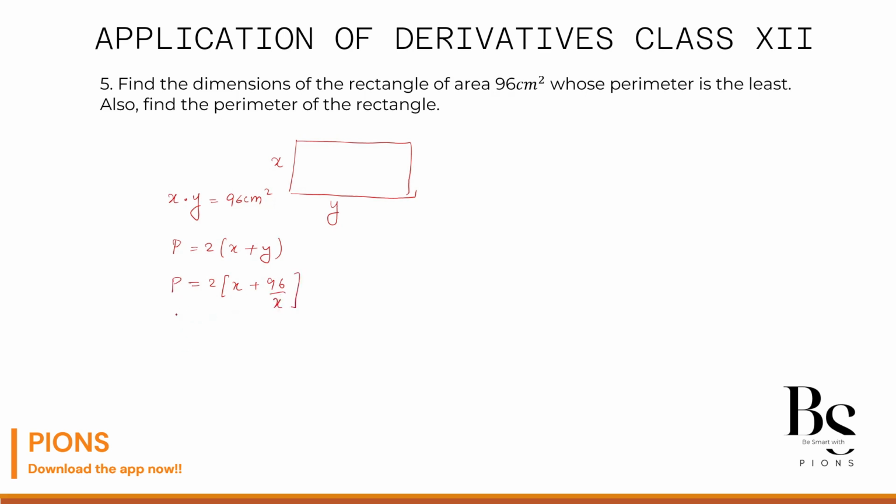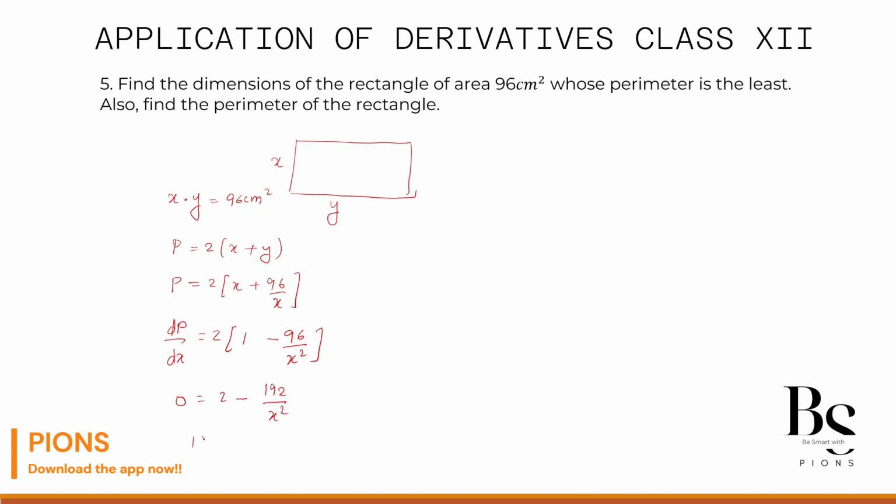Now let's differentiate it. On differentiation, it will be dP by dx, correct? That will be equal to 2 into derivative of x, which is 1, plus the derivative of 96 by x, that is minus 96 by x square. Clear? So now dP by dx is nothing but 0, that is equal to 2 minus 192 by x square. Let's take this 192 by x square on the left hand side.